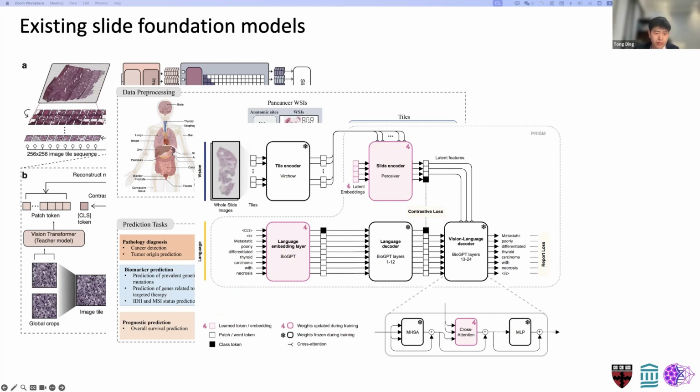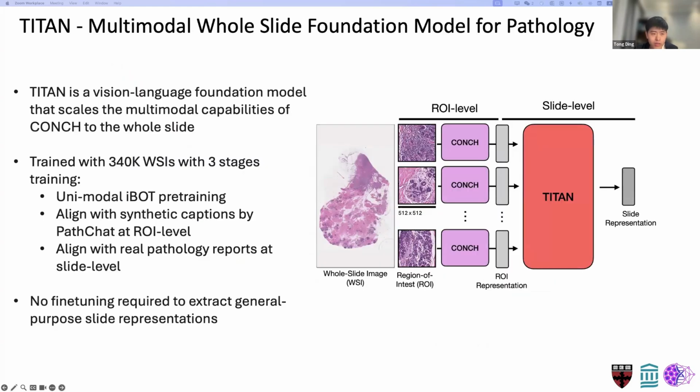So different from these previous approaches, we seek to translate the success from our patch level training, which uses DINO-like methods followed by vision language alignment as demonstrated in CONCH, to slide level. To this end, we introduce TITAN.